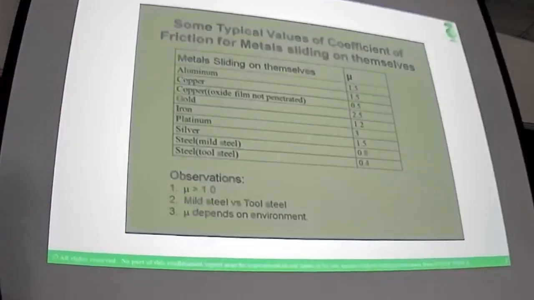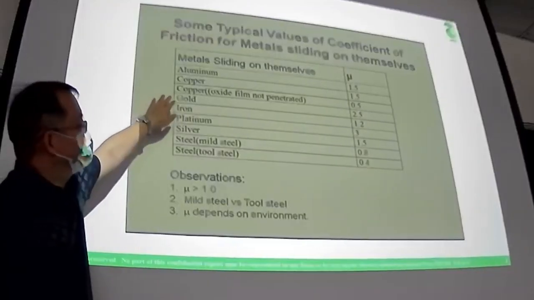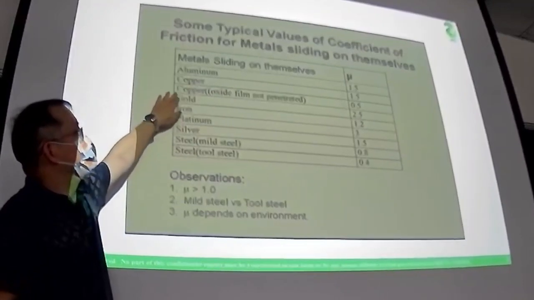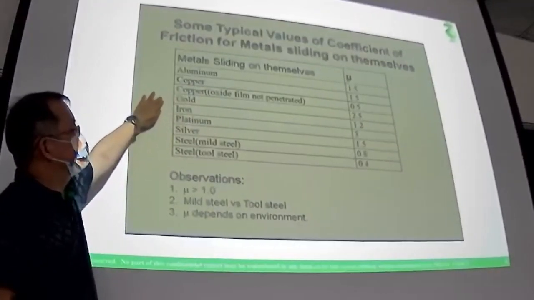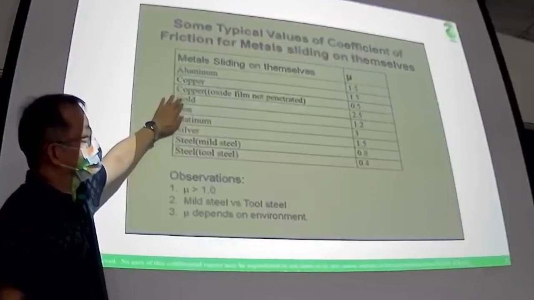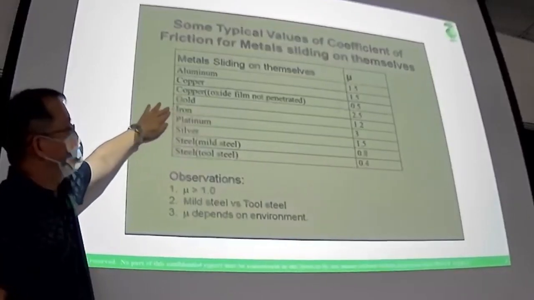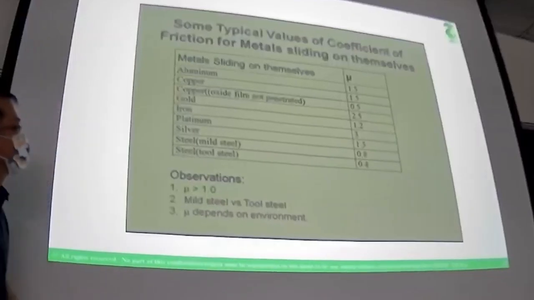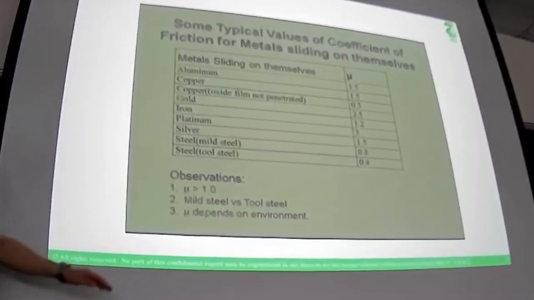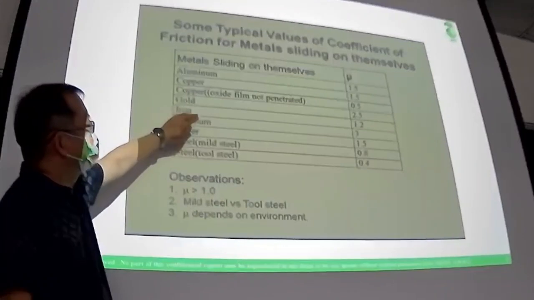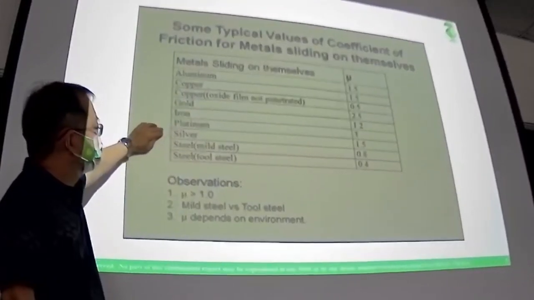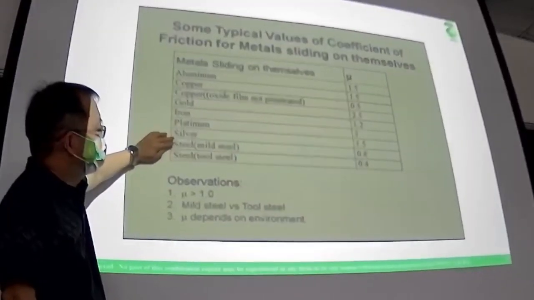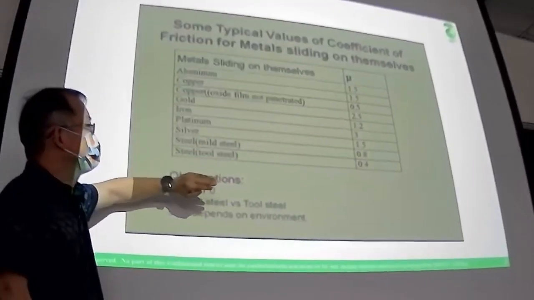So this is a specific indicator: you have an oxide layer. Okay. So you have another coefficient of friction, gold on gold, 2.5. Iron on iron, 1.2. Platinum on platinum, 3. Silver on silver, 1.5. And you have steel, the mild steel.